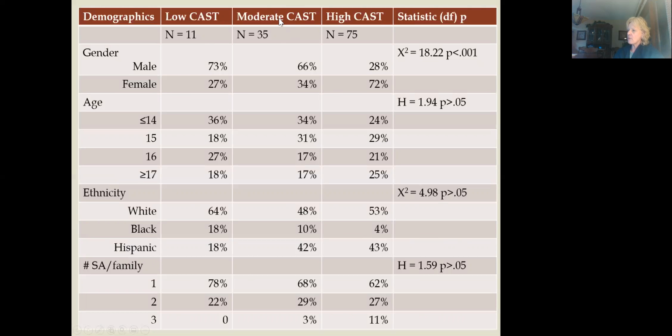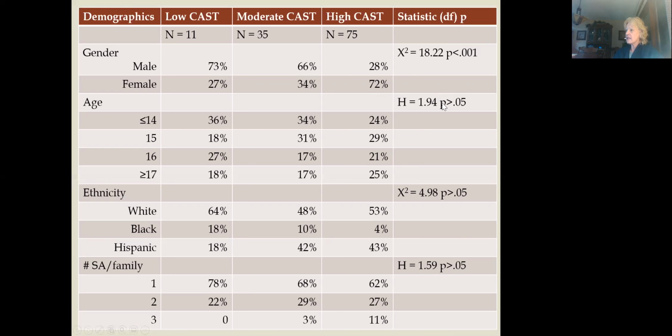We had 35 that assessed their parents' substance abuse as moderate, and we had 75 kids who told us their parents' substance abuse was high. And there were more males that thought it was low and more females thought it was high, and the inverse of that is true. So there were significant differences in how males and females assessed their parents' substance abuse.